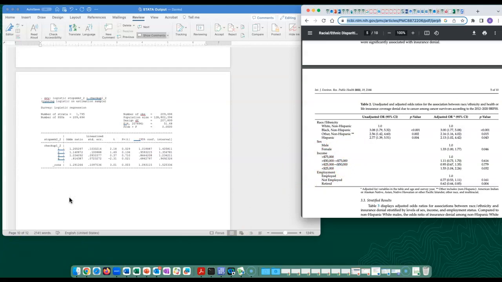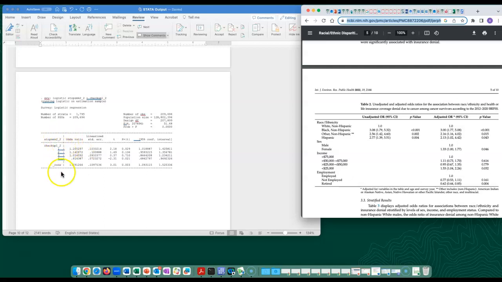You've also got the results of the logistic regression model looking at time since someone had their last checkup and attempting to quit smoking. If you look at this output here, what you can see is similar to what we did above.